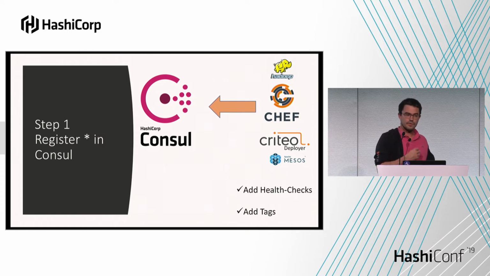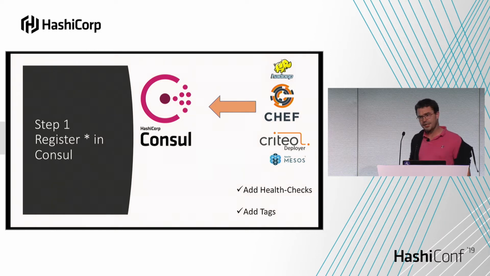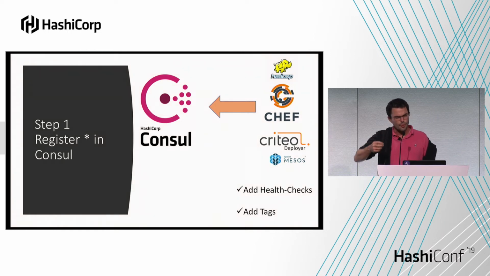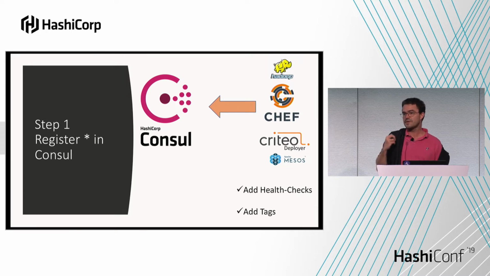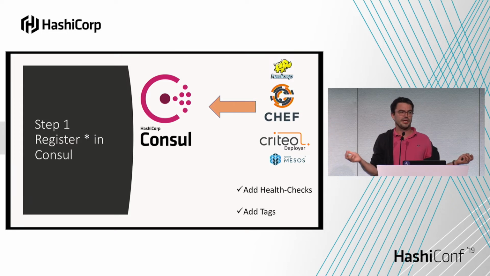At the same time, because of the health check issue I was talking about, we also added the health check directly into our service definition, meaning that we knew when a service was really up, and it gives us strong semantics about whether the service is healthy or not. And we also added a few tags such as, this service is speaking HTTP.